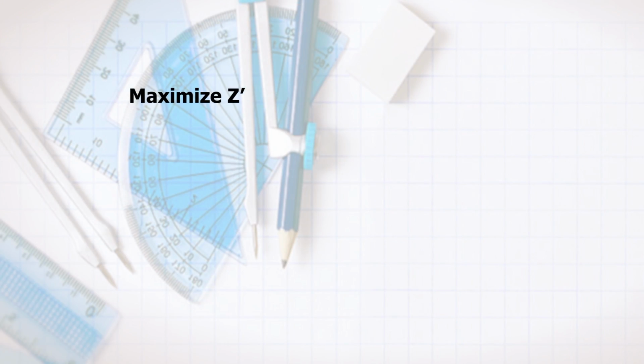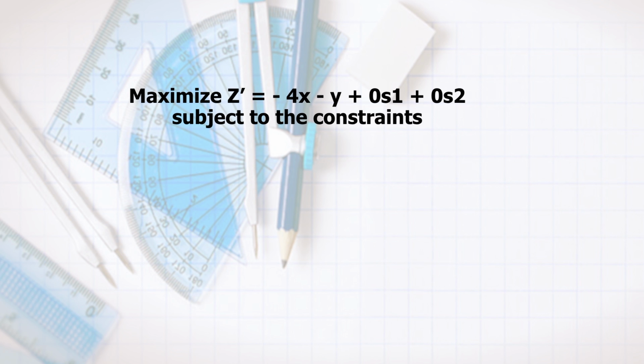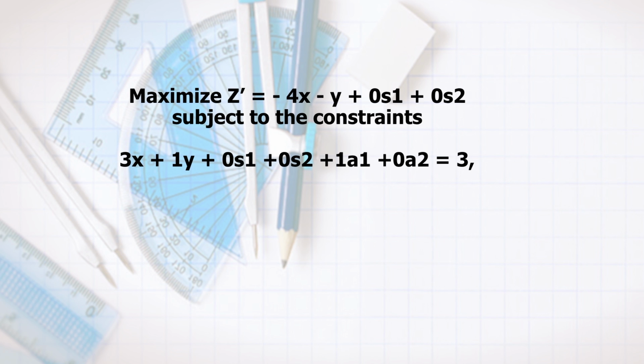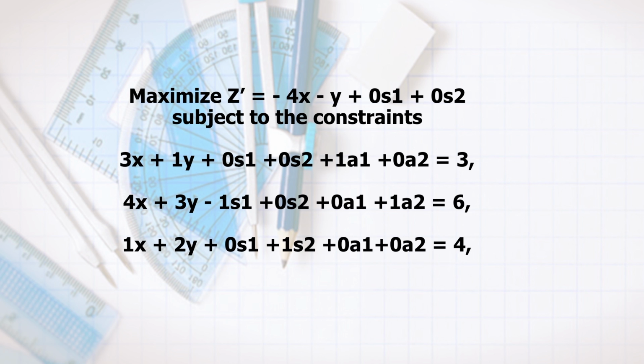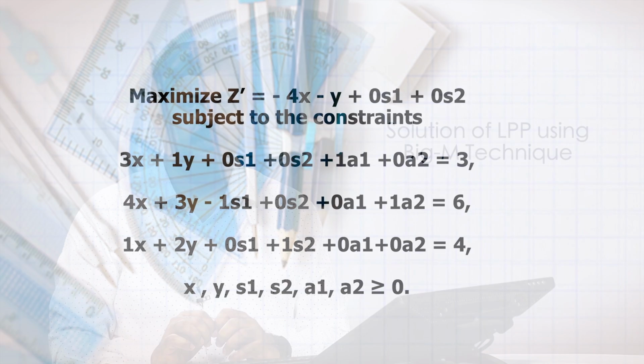That is, the modified problem is maximize z prime is equal to minus 4x minus y plus 0 s1 plus 0 s2 subject to the constraints 3x plus 1y plus 0 s1 plus 0 s2 plus 1 a1 plus 0 a2 is equal to 3, 4x plus 3y minus 1 s1 plus 0 s2 plus 0 a1 plus 1 a2 is equal to 6, 1x plus 2y plus 0 s1 plus 1 s2 plus 0 a1 plus 0 a2 is equal to 4, where x, y, s1, s2, a1, a2 are all greater than or equal to 0.